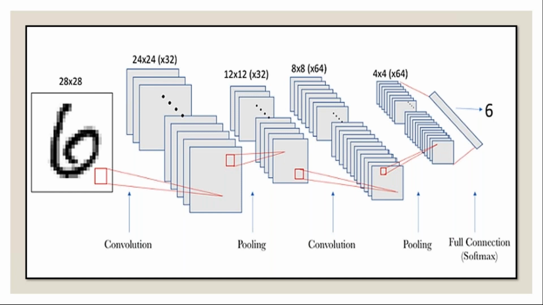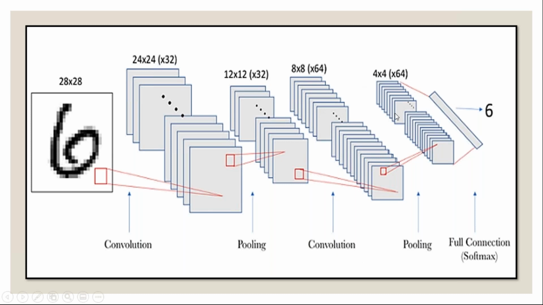So that is 8 cross 8 into 64. You understand? Convolution for the second hidden layer is 8 cross 8 into 64. Now again you apply the pooling operation, so again it will condense to 4 cross 4 into 64. Okay. So this is the way you have to apply your convolution and pooling.